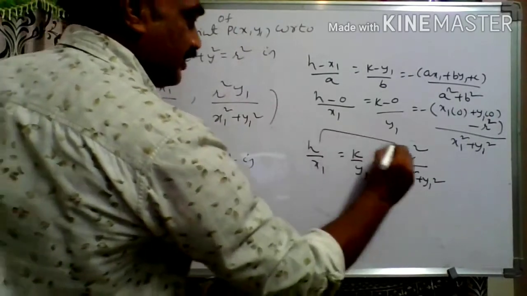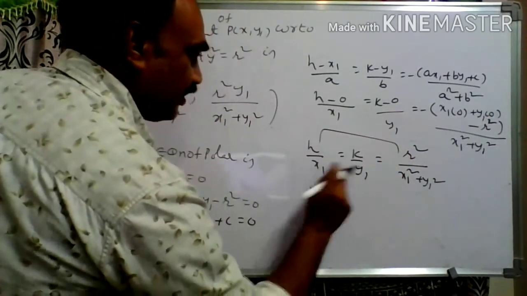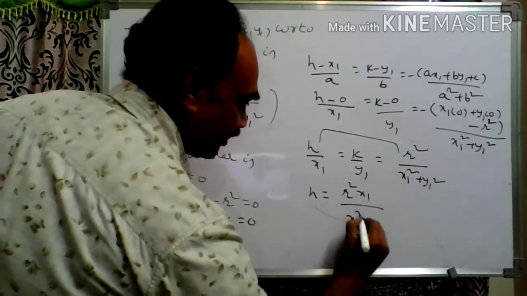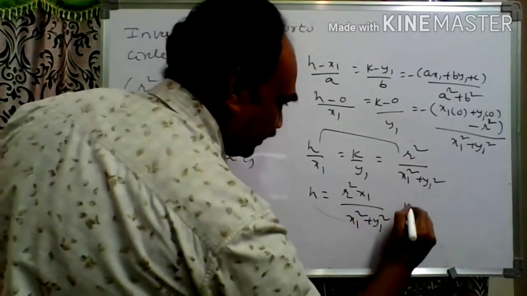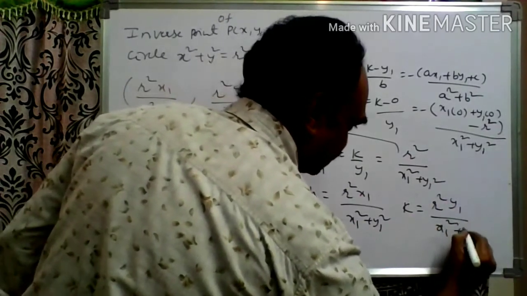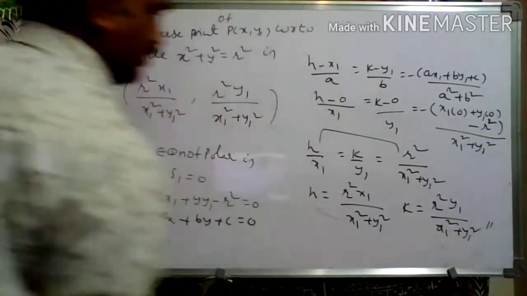So equating these, h is equal to r square x1 by (x1 square plus y1 square), comma, k is equal to r square y1 by (x1 square plus y1 square).